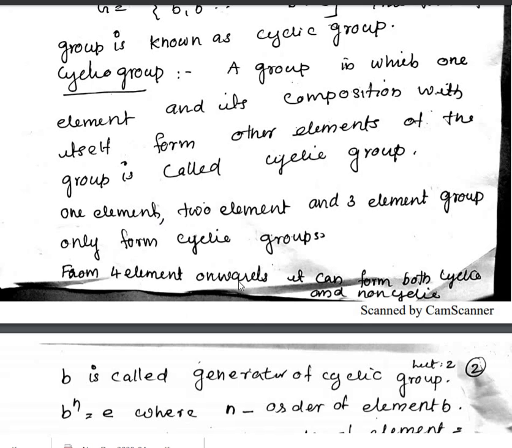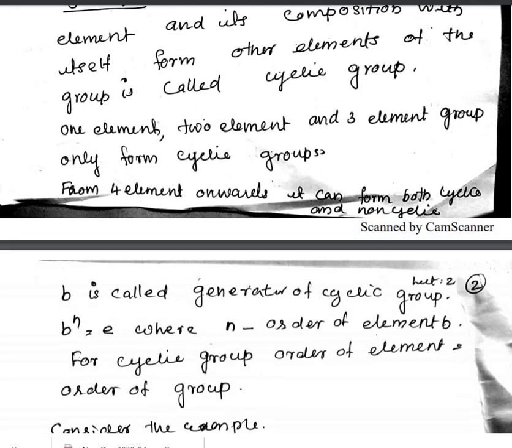So if a group has only 1 or 2 or 3 elements, they only form a cyclic group. From 4 elements onwards, we can form a cyclic group, and also a non-cyclic group.